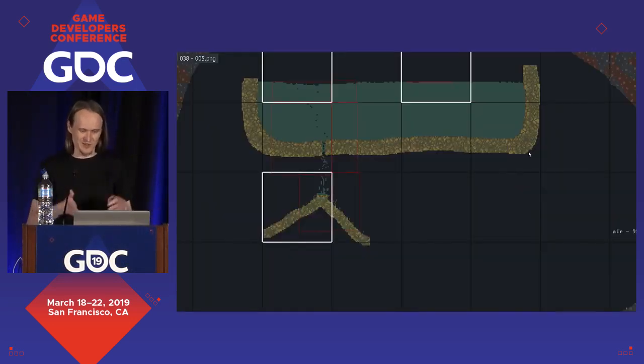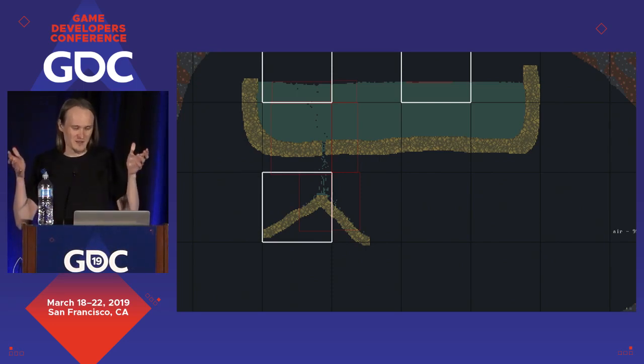So the way to do this, or the way we did it, is we update the world in a sort of checker pattern fashion. So we do 4 update rounds of the world. At the very beginning, you gather all the things that have to be updated, and then you pick, in this case, these white ones here.